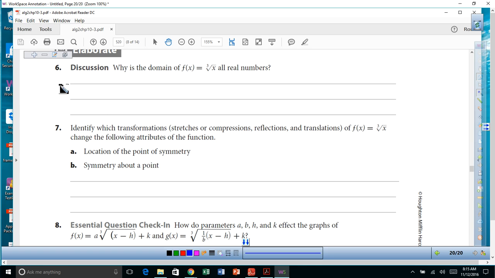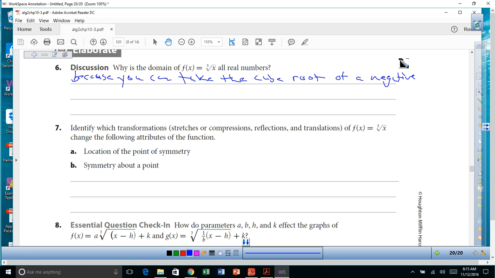Because you can take the cube root of a negative. You can also take a cube root of 0, and you can take a cube root of positive numbers. That's why the domain of f of x equals the cube root of x is all real numbers.